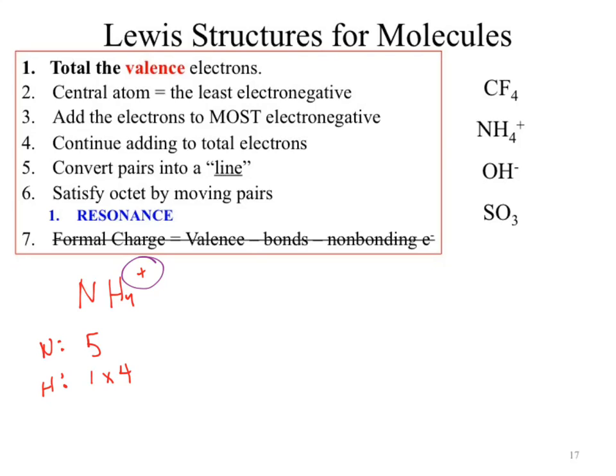Since I can't change the protons, I can only change the electrons. How can I make this structure positive? I need to remove an electron. 9 minus 1? 8 electrons. My center atom is the least electronegative that can bridge. Hydrogen can't bridge, so we drop in the nitrogen, and we'll now put in my hydrogens.